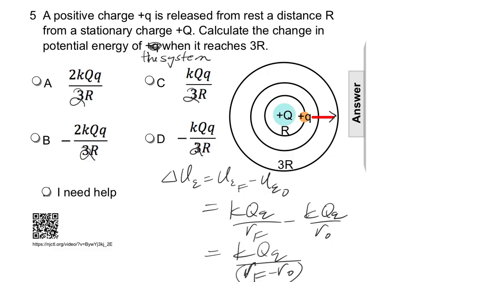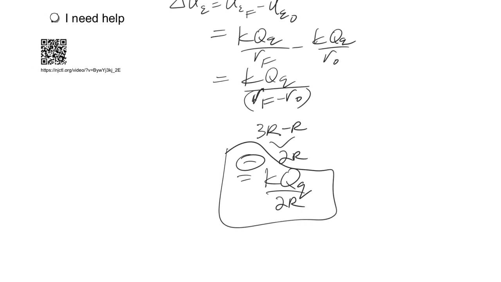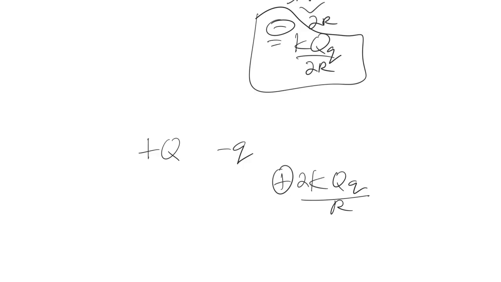So my correct answer would be letter D. Now, if it was a positive Q and a negative Q, it'd be the same answer, but it would have increased. It would have been an increase in the electrical potential energy to twice as much of what it was. Okay, because it flips around.